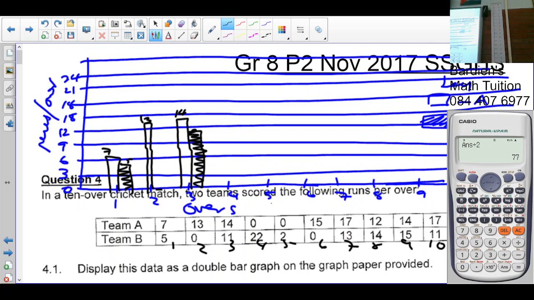Over 4 is 0 and 22. There's a massive over for team B, however it's again shaded. But it was blank there, there's nothing there. Then over 5 is nothing for team A and 2. Okay, that is 22, that is 14 and 11. Over 6 is going to be 15. There's also a massive over here in terms of runs, and then they had nothing in that over.